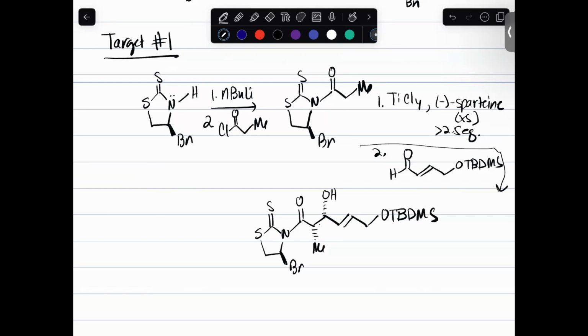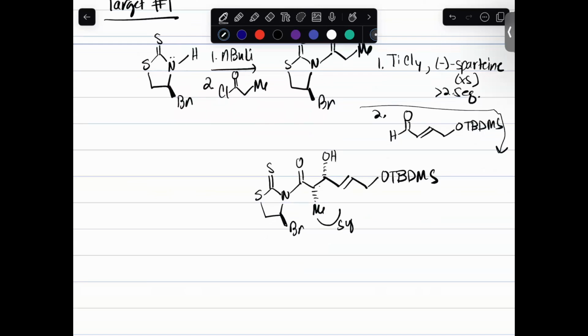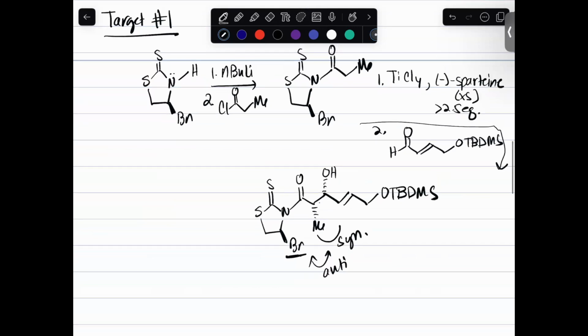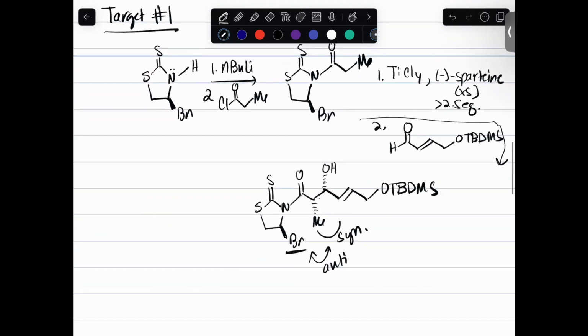Which makes sense because the excess sparteine is coordinating to the titanium, not letting the sulfur coordinate to the titanium, rotating around the way oxazolidinones rotate and going through the Zimmerman-Traxler transition state that we're so used to seeing. So you've got your syn product, but anti to your substituent on your thiazolidine thione. And so there is the precursor to my target structure number one.